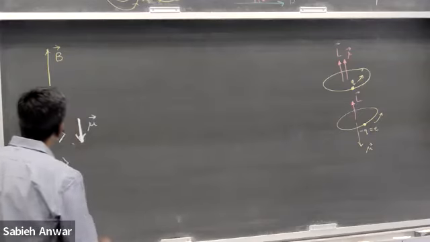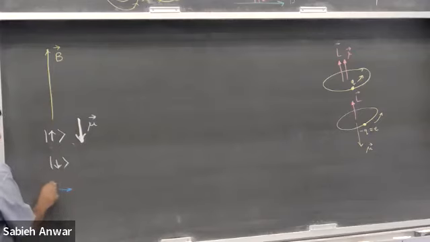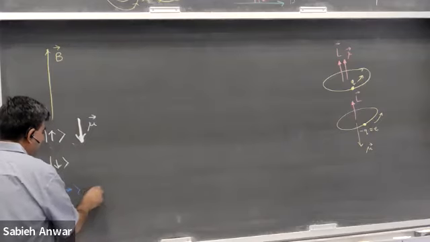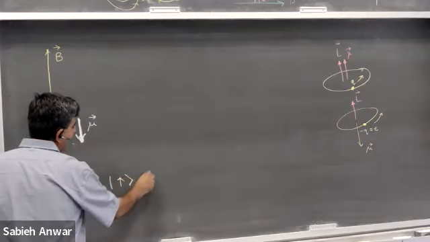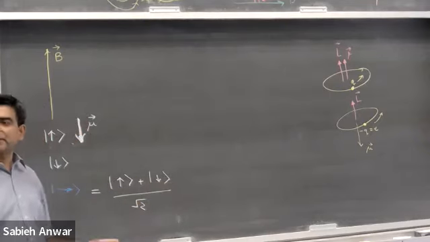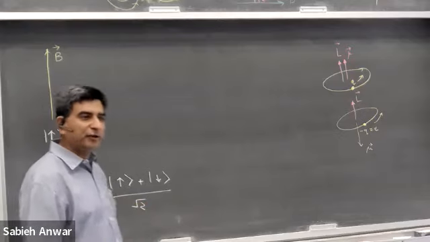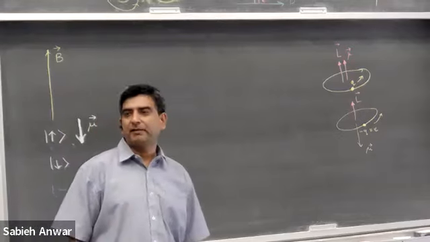However, if I start off with my spin pointing in this direction, which is the superposition of up and down, in a superposition state with the spin pointing in the horizontal direction, now what's going to happen? Will a torque act on this spin? Yes, a torque is going to act on the spin.